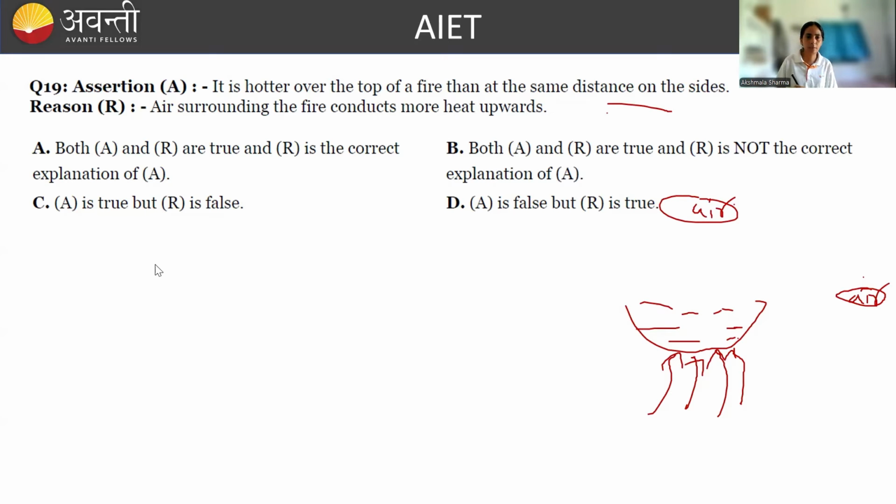Just see how the heat will get transmitted to place 1 and place 2. Here heat is getting radiated like this. Since it is boiling, hot vapor will come out. So through radiation, heat will go in all directions.